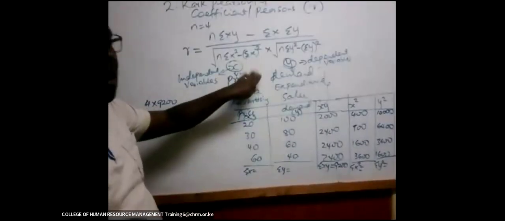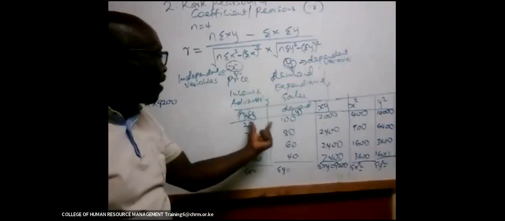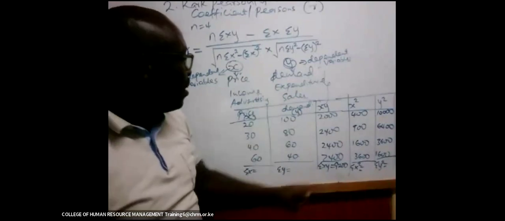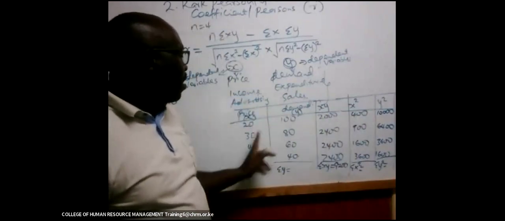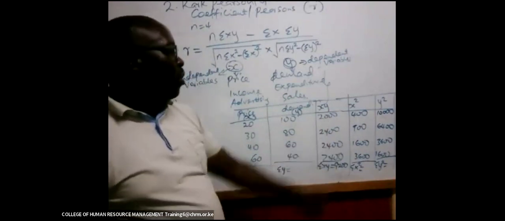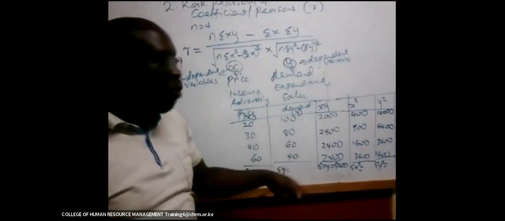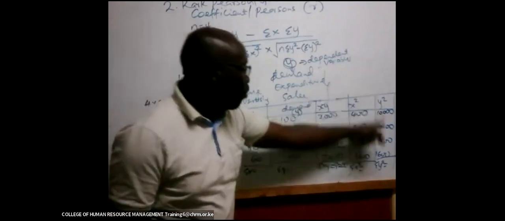So this is the formula. But the question must provide you with a table of X and Y. Your work as a student or as a candidate is to create these 3 additional columns: XY, where you multiply every value of X by every value of Y, then you add them; X squared, where you go to the values of X and square each one of them; and Y squared, where you go to the values of Y and square each one of them.